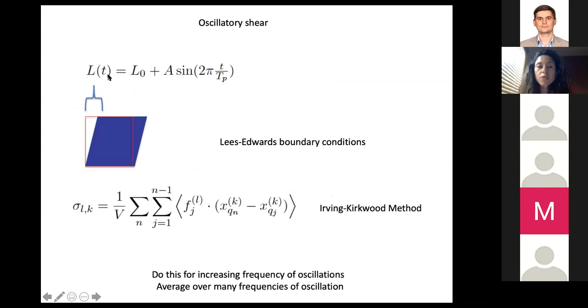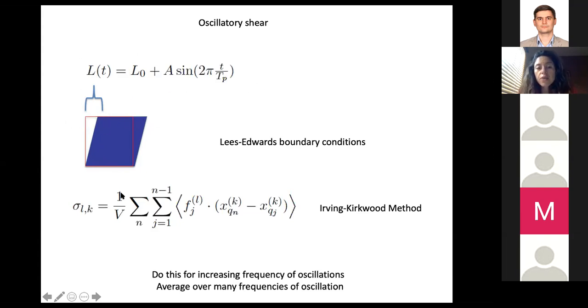So what we do then is a standard experiment that can also be done in a laboratory, which is an oscillatory shear. That means we start with the periodic box. Again, it is a three-dimensional periodic box, but we depict it here just as a two-dimensional. And you start moving it right and left, so as to change this length in a sinusoidal way.